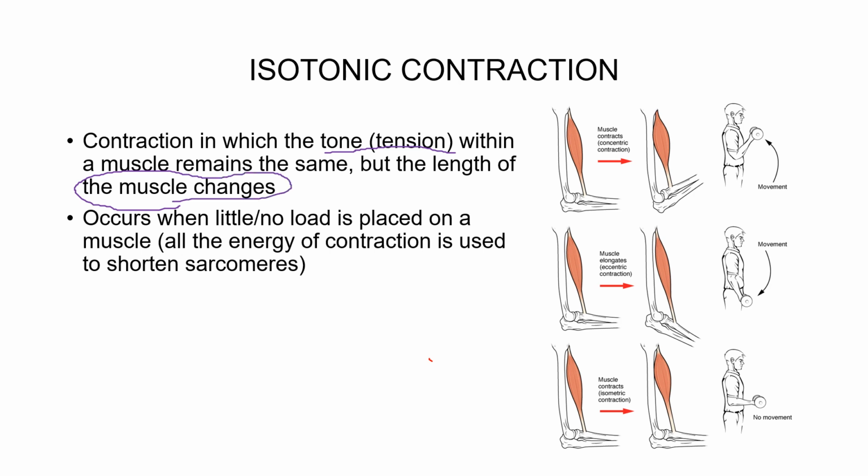And a good way to remember this is you're moving the joint. So if I'm flexing or extending my elbow, or if I'm plantar flexing or dorsiflexing my ankle foot region, that is an isotonic contraction. The muscle is changing shape. So I always talk about measuring the biceps brachii muscle, right?